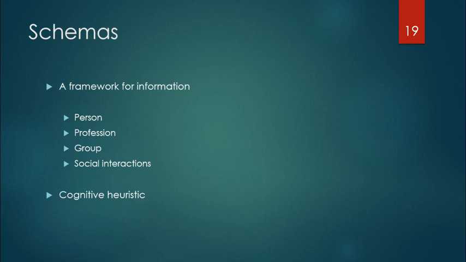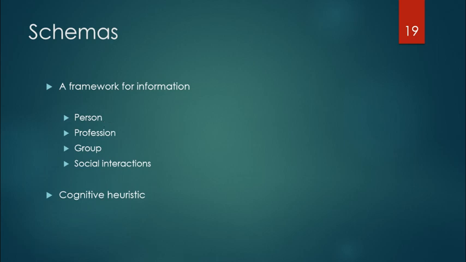All right, so I want to leave that idea for now and talk about schemas. Now, a schema is a very broad term. It's a framework for mental information, a framework for information, almost like a stereotype. We have schemas for a person.